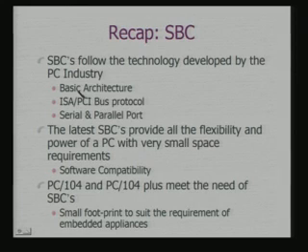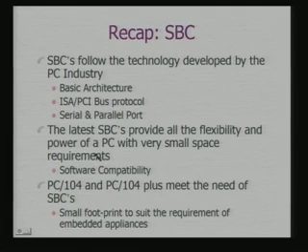So, that single PCB satisfies all the basic characteristics of a PC architecture. The bus which runs on that board is typically ISA bus or PCI bus that we had studied earlier, and you have serial and parallel ports. So, in fact, SBCs provide all the flexibility and power of a PC with very small space requirements.